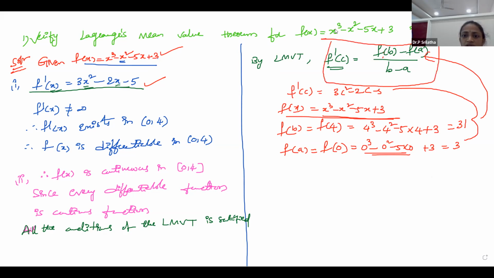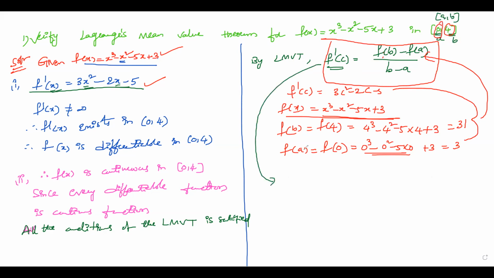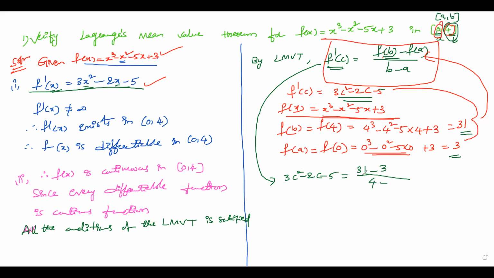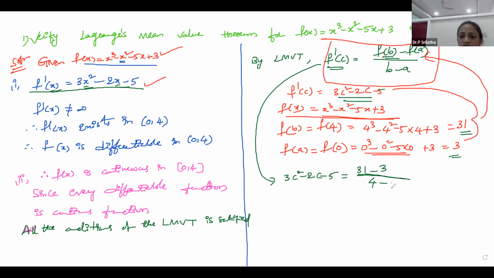So f dash of C is 3c square minus 2c minus 5 equal to f of B, which is 31, minus f of A, which is 3, divided by B value 4 minus A value 0.